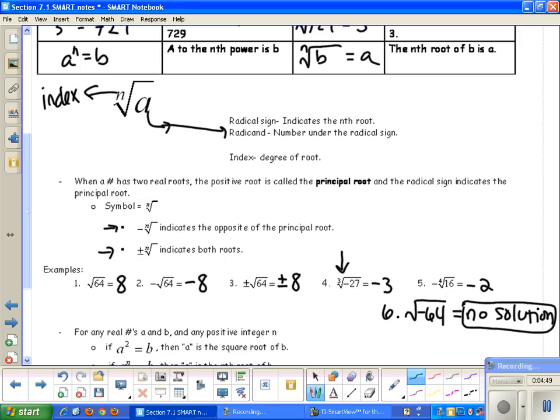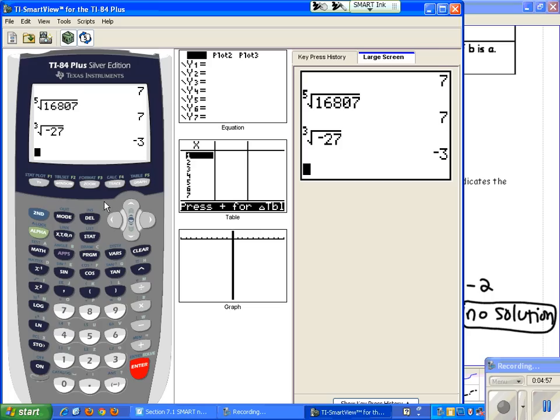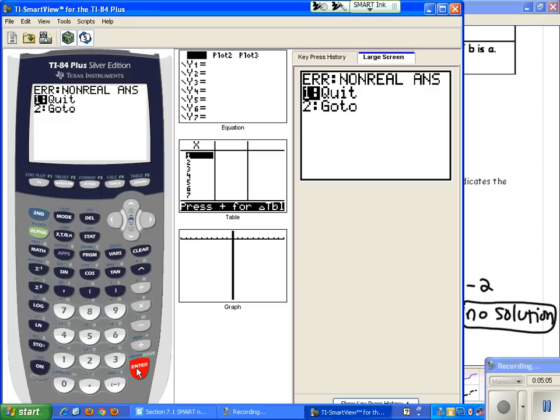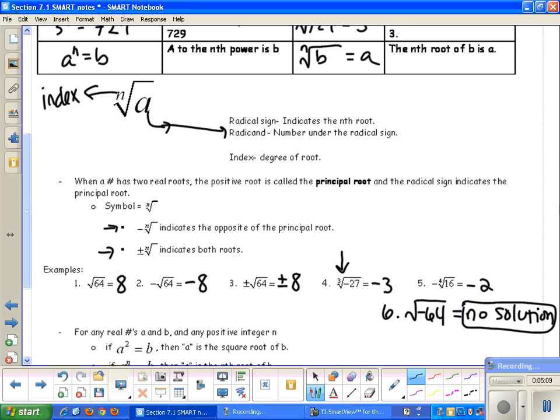Whereas 8 times negative 8 would work, but that's not going to give you a perfect square, so you can't use it. And even if you try this in your calculator, the square root of negative 64 would say error, non-real answer. So that's another way you can look at that.